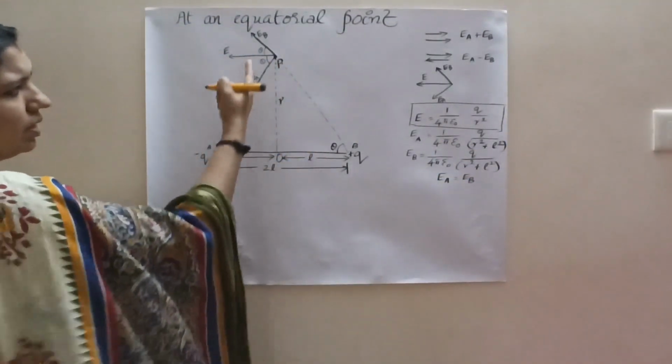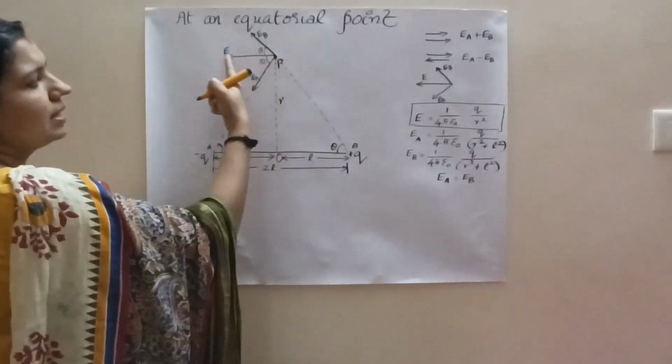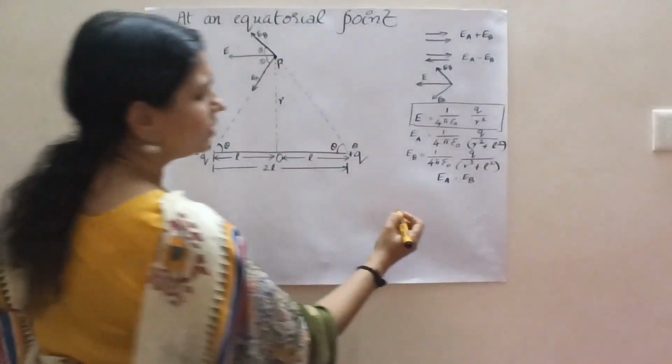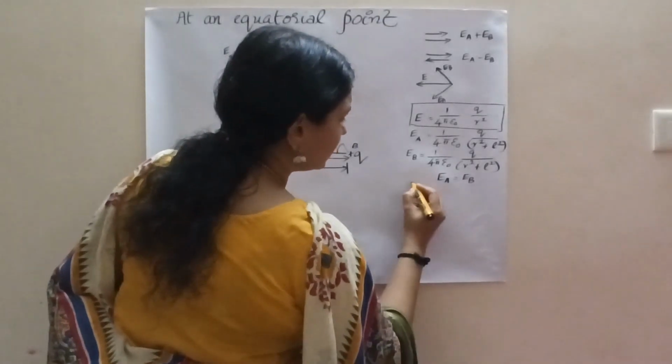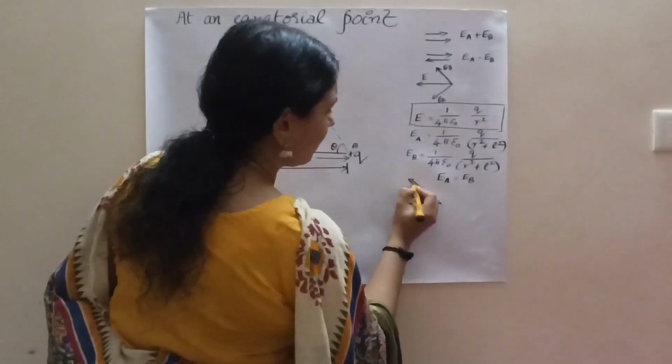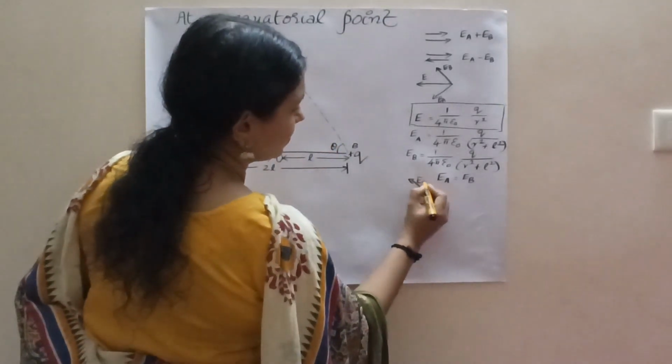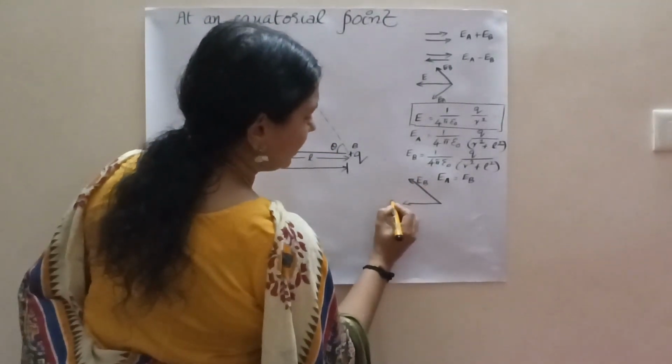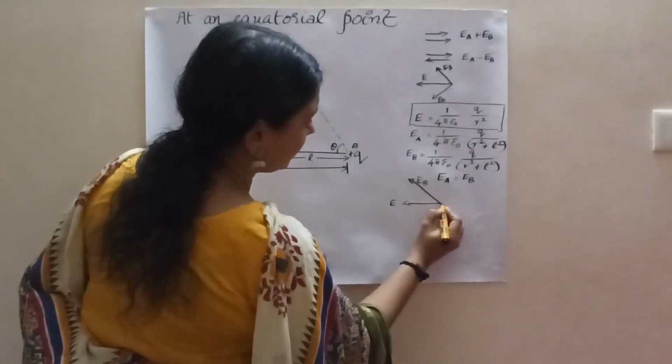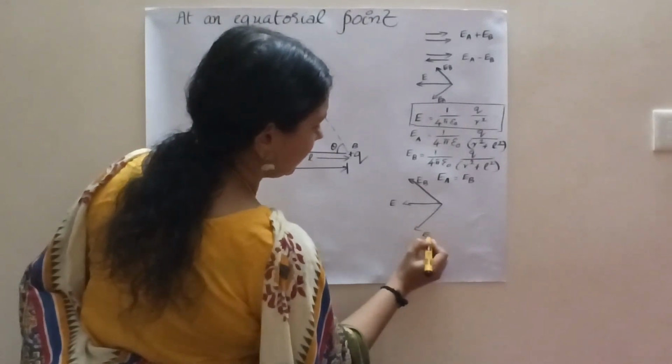Clear? Now let us come back to this side. I have this diagram like this. This is my EB, this is my final E, and this is EA.